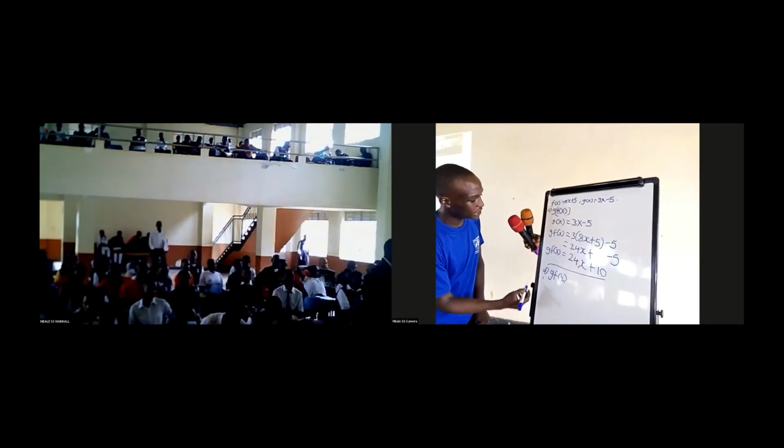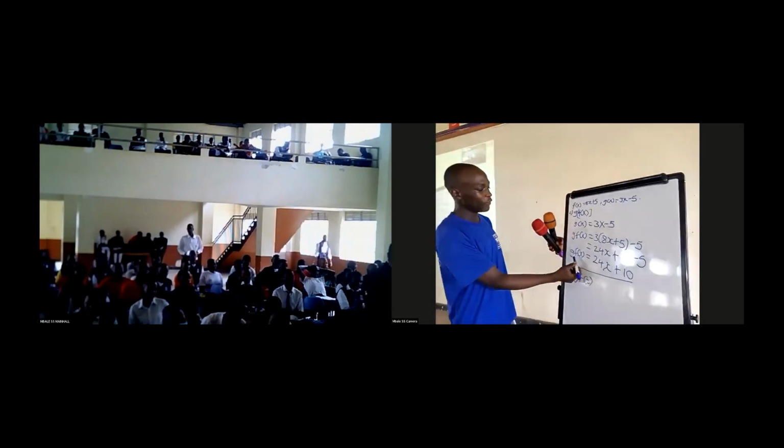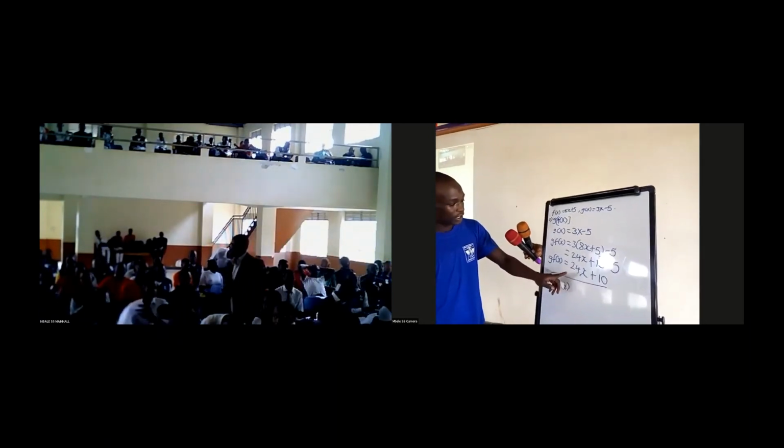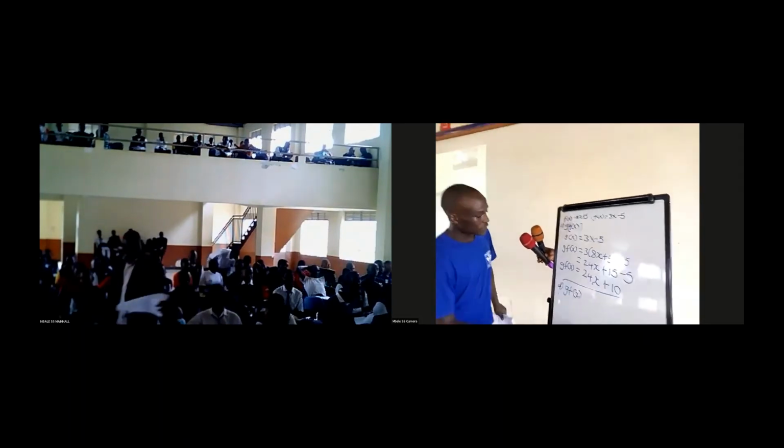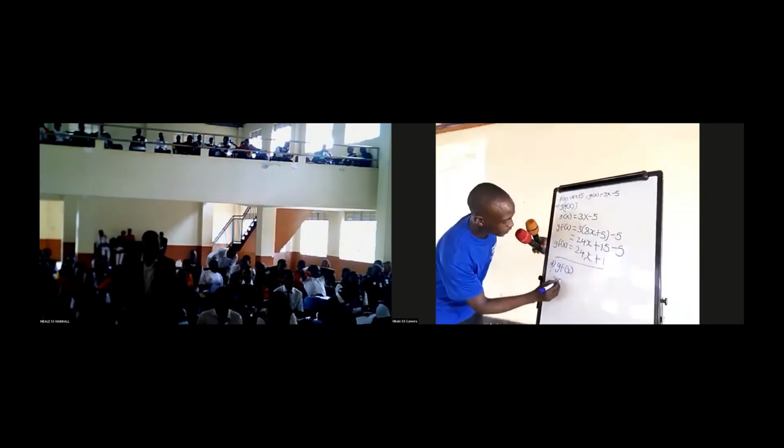Since I know my GF of X, I'm just going to substitute 2 where there is X. According to my question, GF of X is equal to 24x plus 10.